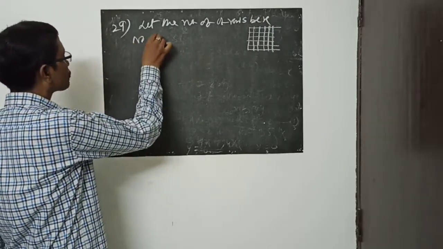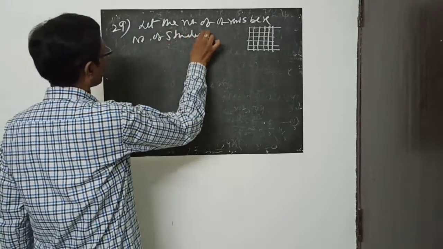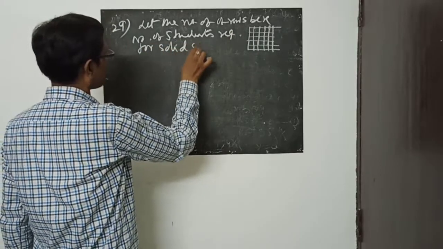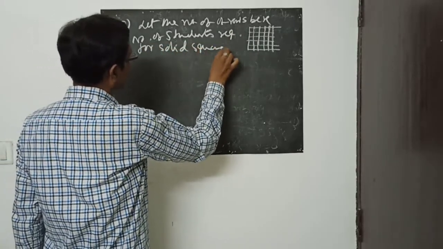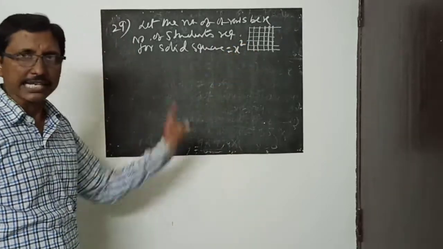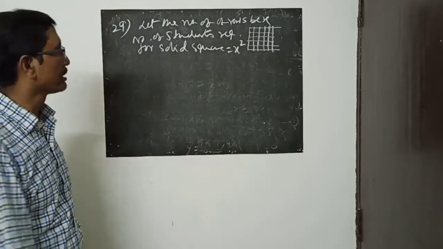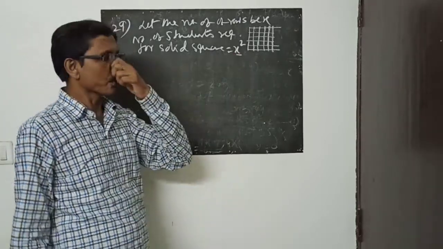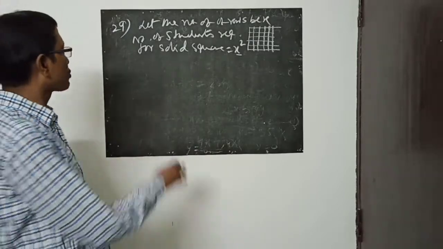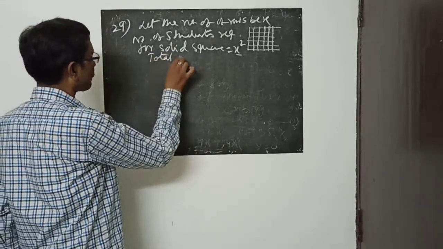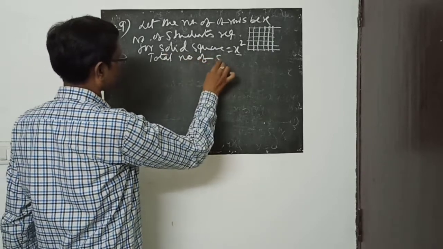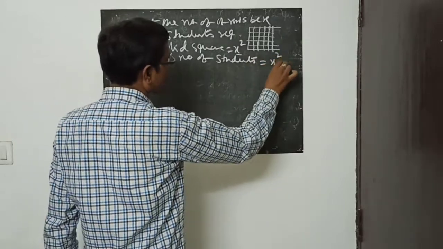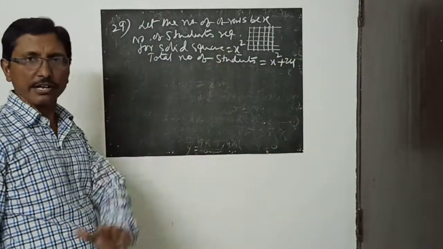Therefore, number of students required for solid square is equal to x into x, that means x square. x lines, x students, x into x means x square. But in that case, he observed that 24 students were left. So actually the total number of students will be x square plus 24, because 24 are extra.